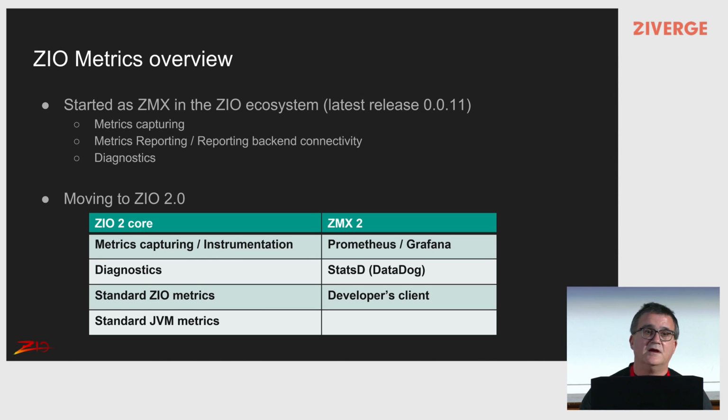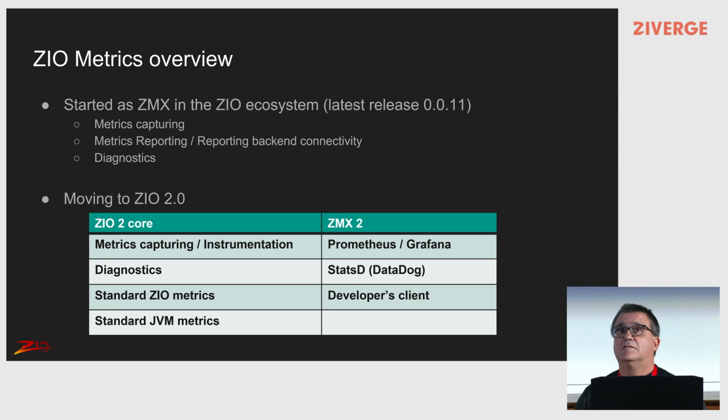So we provide how the metrics are captured, and we also provide how the metrics are encoded for particular backends. But at the end of the day, we wanted a way that the instrumented code wouldn't change depending on the backend you were choosing.